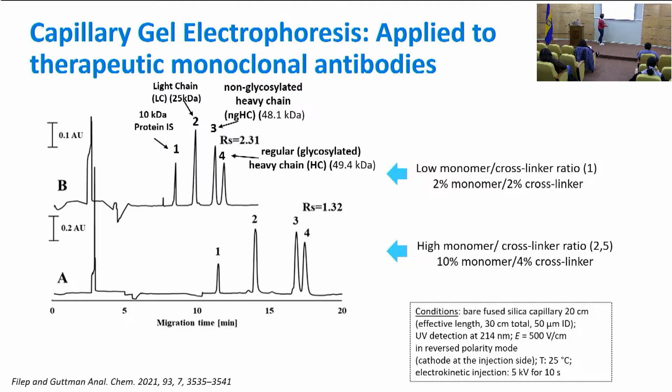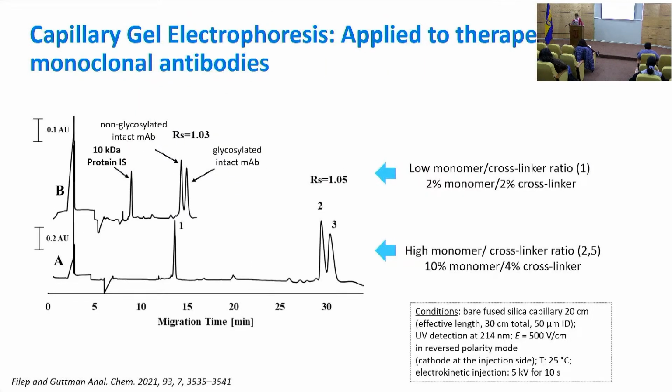And here what is interesting is that they have been able, for the same chain, to separate properly the non-glycosylated heavy chain and the glycosylated heavy chain. So that was really interesting as well. Here they are also able, using this method, to differentiate.